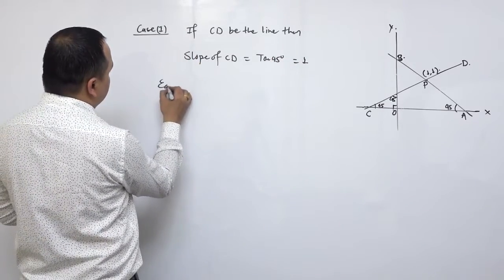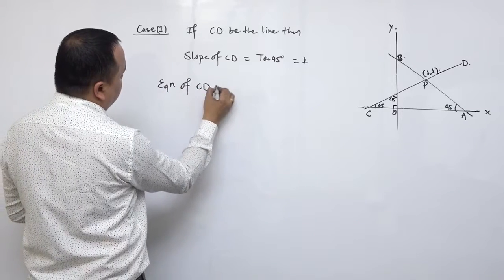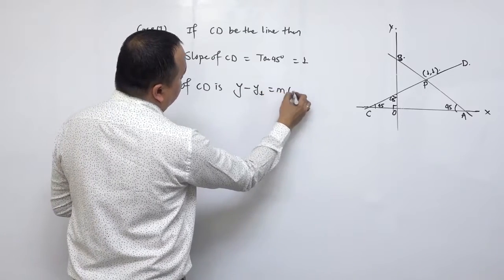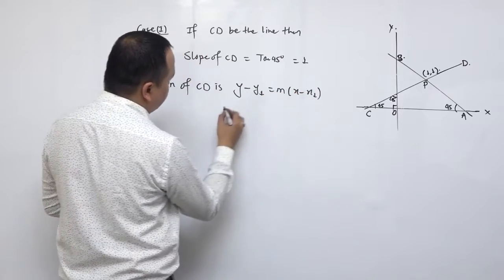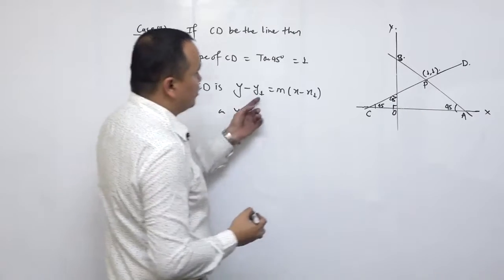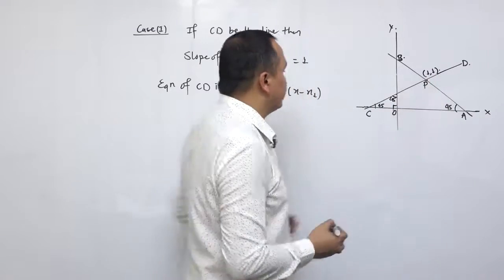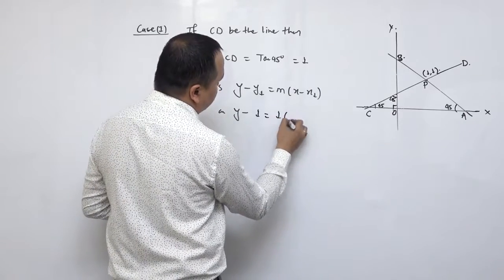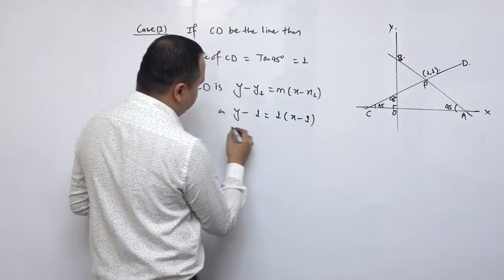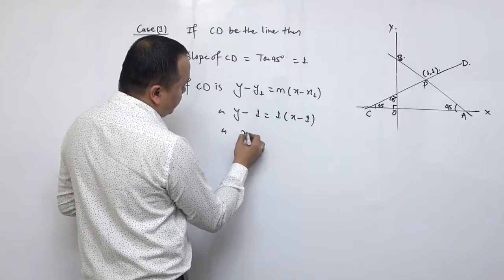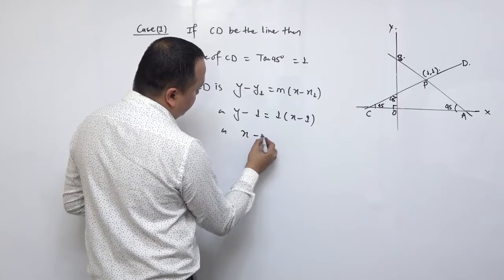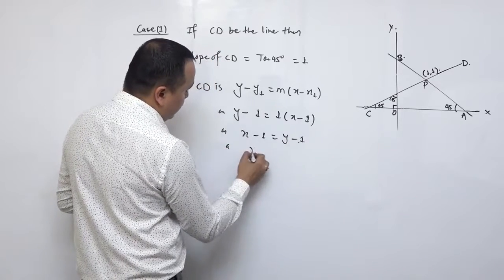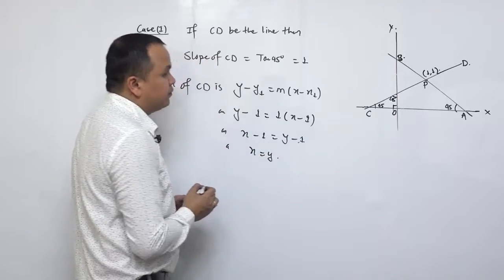Equation of CD is y minus y1 is equal to m times x minus x1, or y minus y1, we have y1 is 1, and m is again 1, x minus 1, or this is x minus 1 is equal to y minus 1, or x is equal to y.